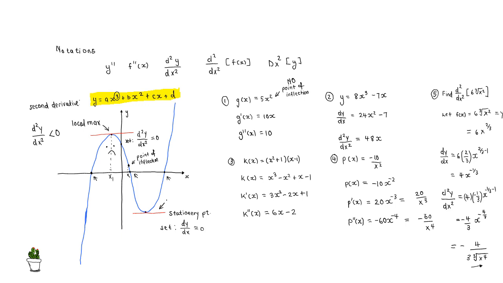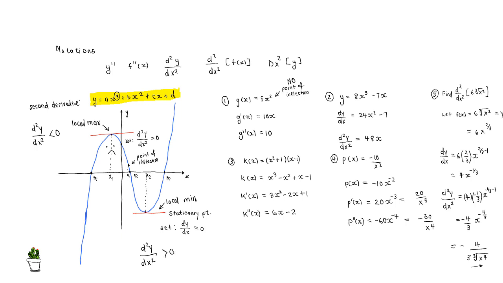At a local minimum, this is also going to happen at some x value. Let's call it x2. First things first, dy/dx must equal 0, so you must have a stationary point. Then the second derivative is going to tell you that this is a local minimum if d squared y by dx squared is greater than 0.